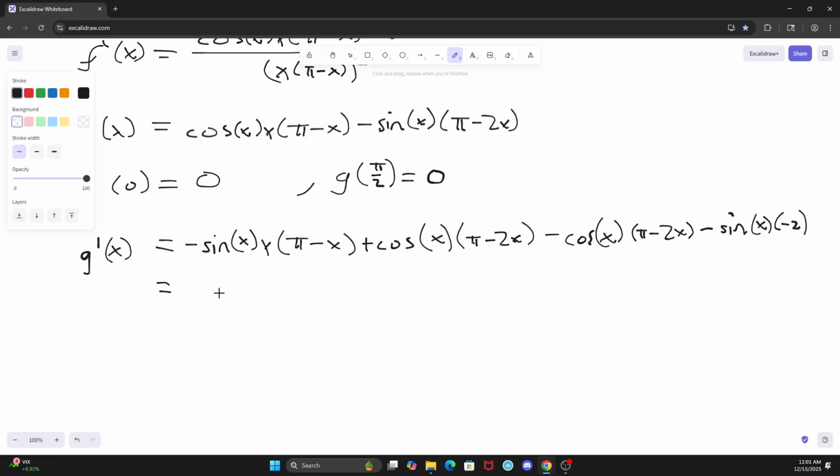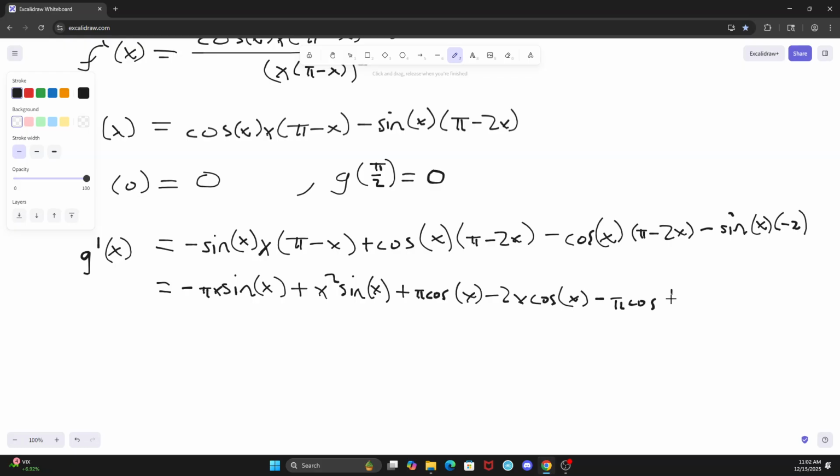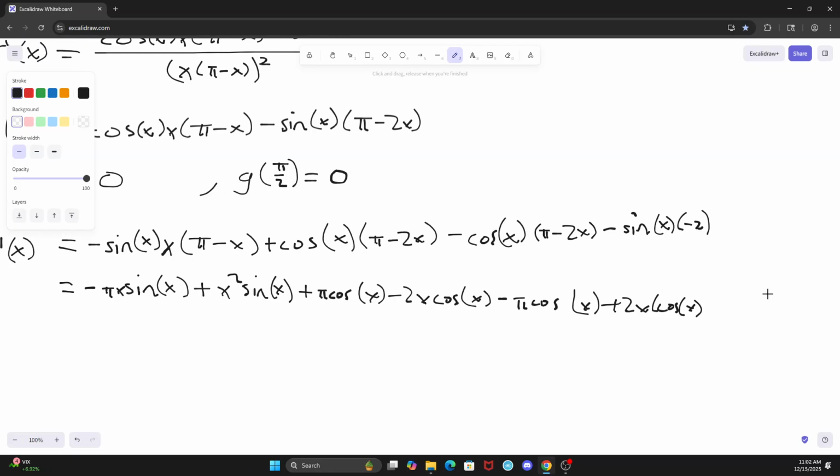So we have negative pi x sine x plus x squared sine x plus pi cosine x minus 2x cosine x minus pi cosine x plus 2x cosine x, and then plus 2 sine x.